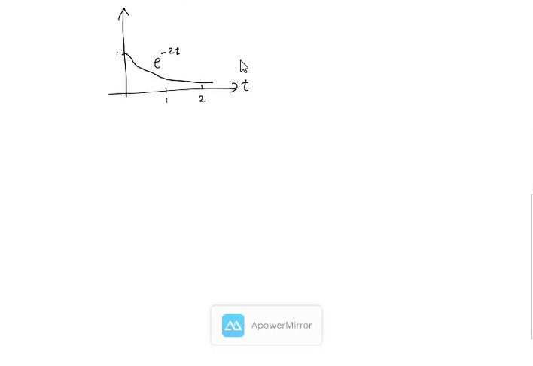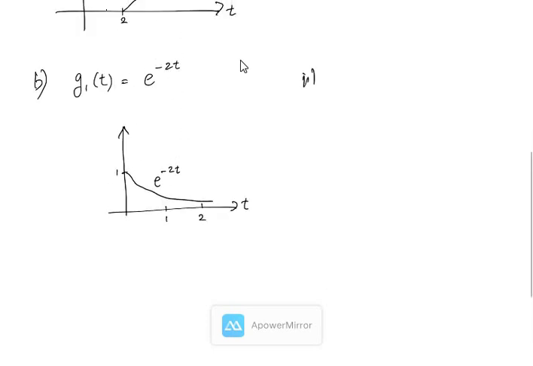Now, if my graph for g2(t) is exponent negative 2t times unit step t minus 2, what does this mean? This means that we want to cut the graph of g1 starting from t equal to 2 only. The front part I don't want. We want to chop it down.